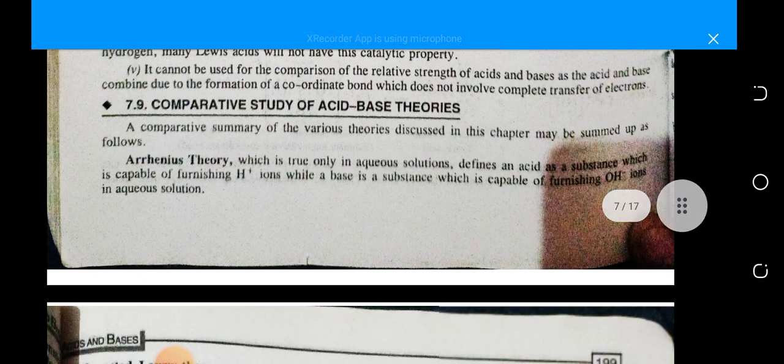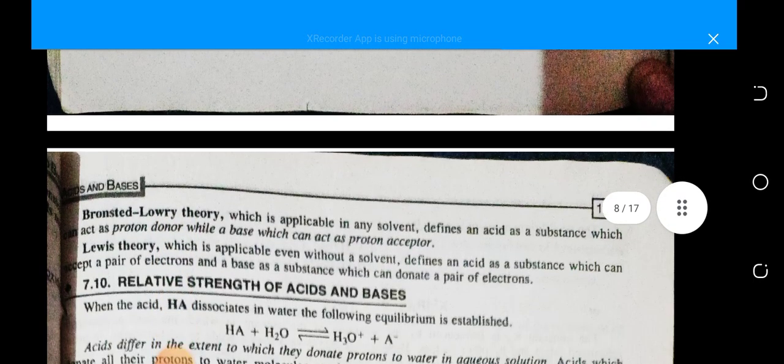Comparative study of acid-base theories. A comparative summary of the various theories discussed in the chapter may be summed up as follows. Arrhenius theory, which is true only in aqueous solution, defines an acid as a substance which is capable of furnishing H+ and a base as a substance which is capable of furnishing OH- in aqueous solution.